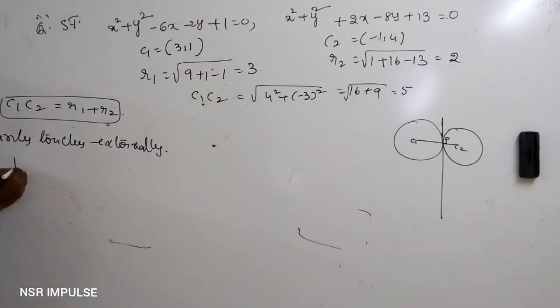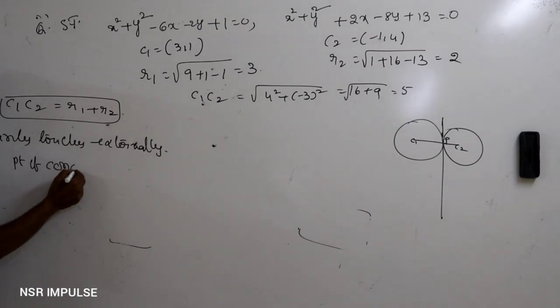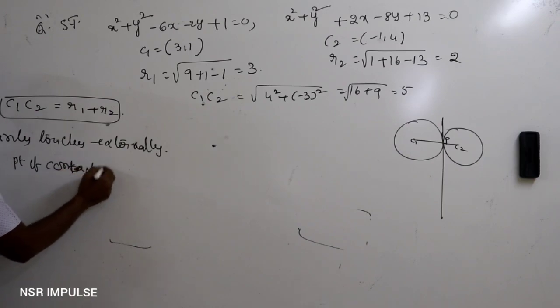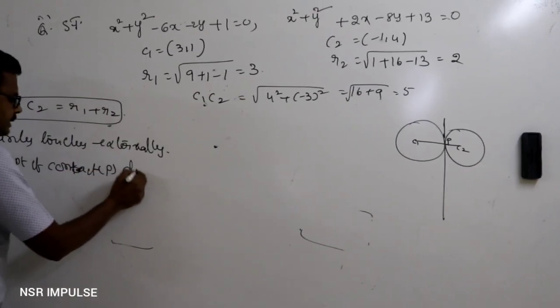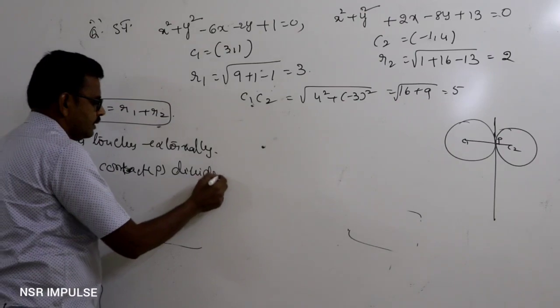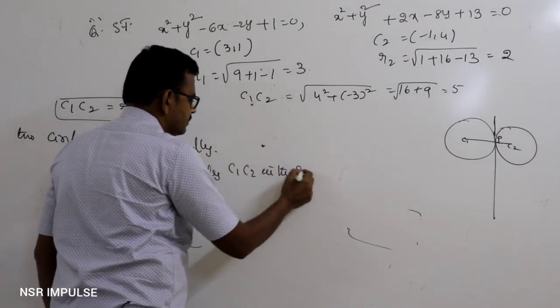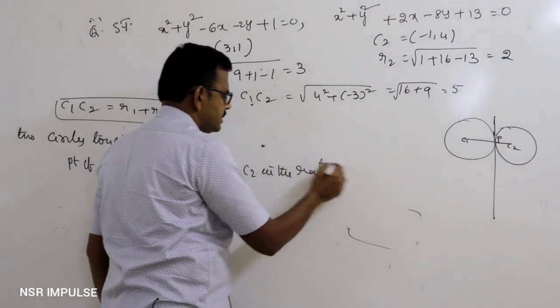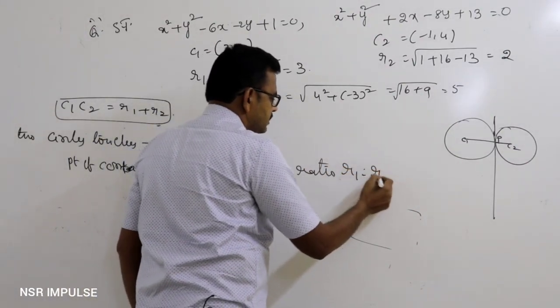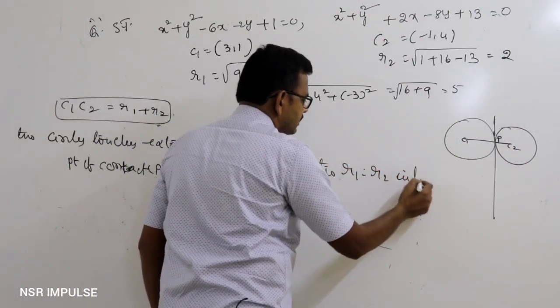So the point of contact, call it P, divides C1C2 in the ratio R1 is to R2 internally.